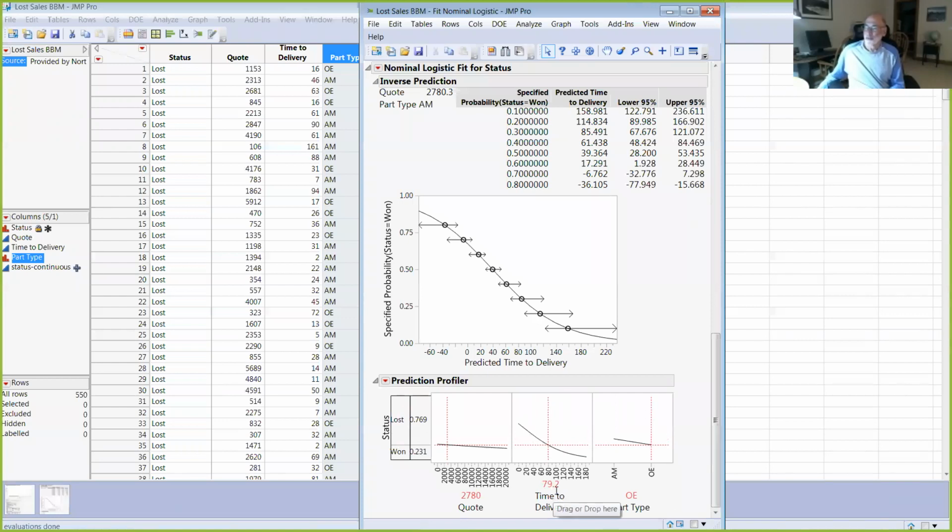So with 79.2 days and a price quote of 27.80, you would have a 23% chance of winning the job for the original equipment and a 32.5% chance for the aftermarket. So the profiler also will allow you to explore the impact of each of the variables.